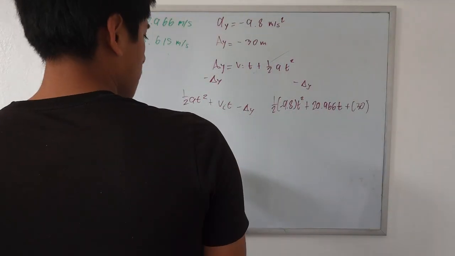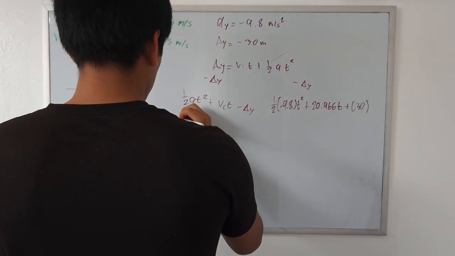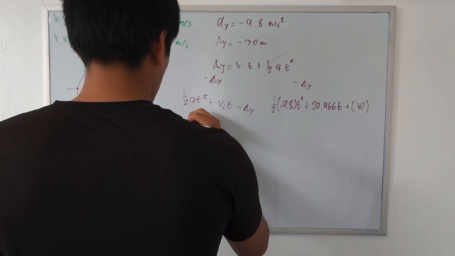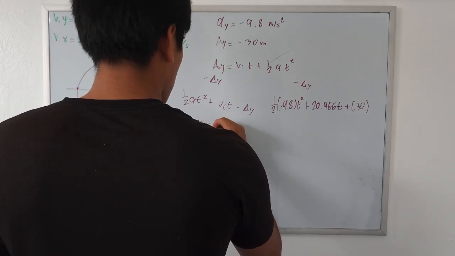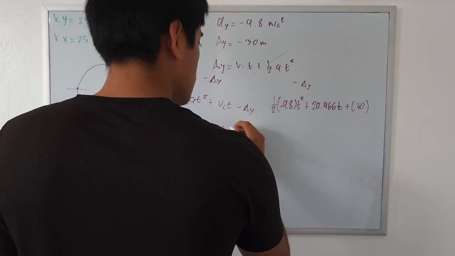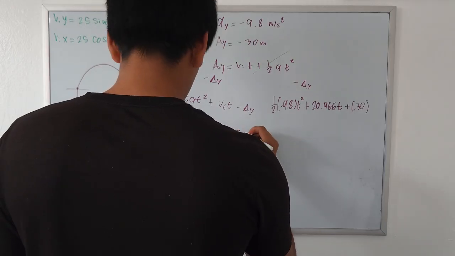Now we can simplify even more. So we got negative 4.9 t squared plus 20.966 t plus 30.